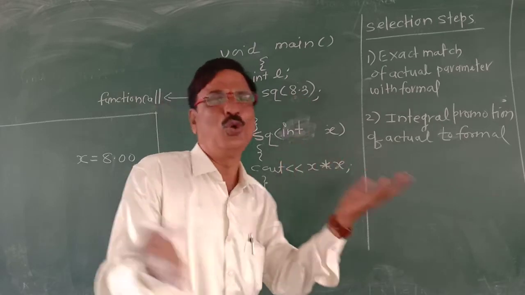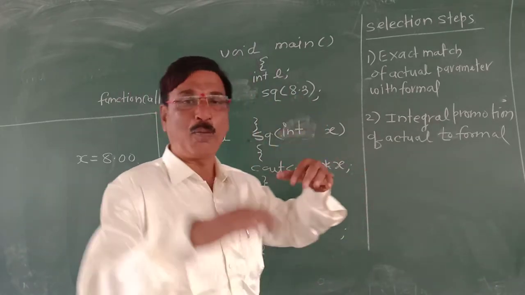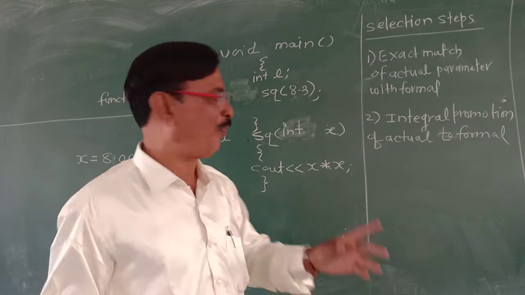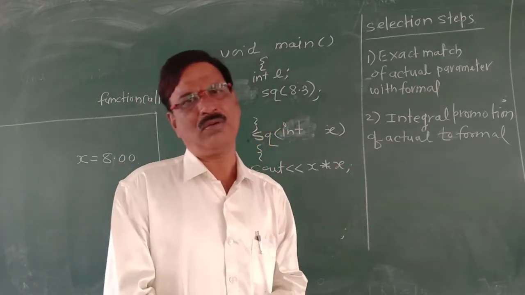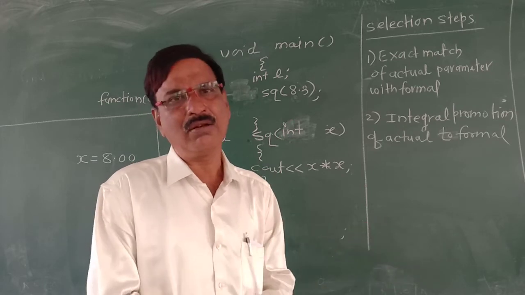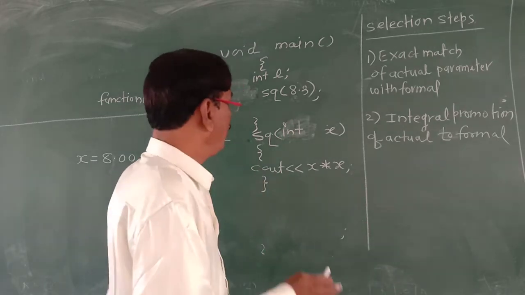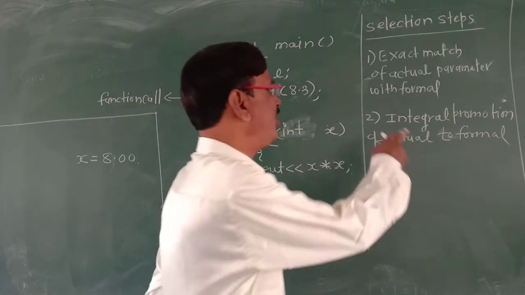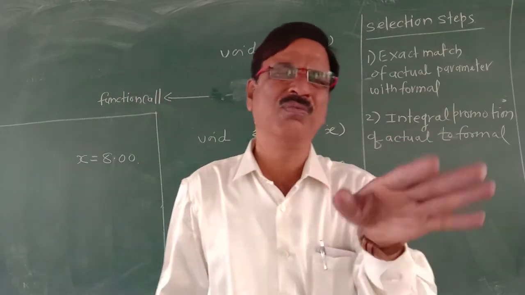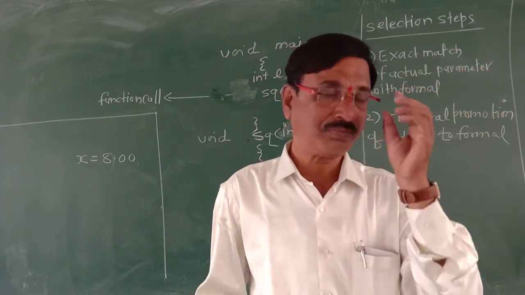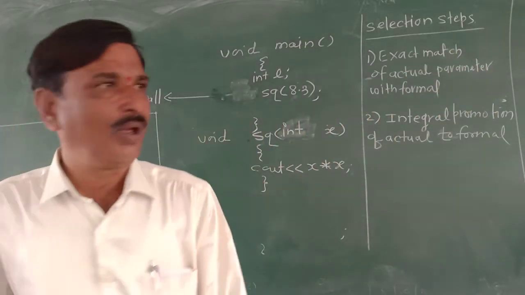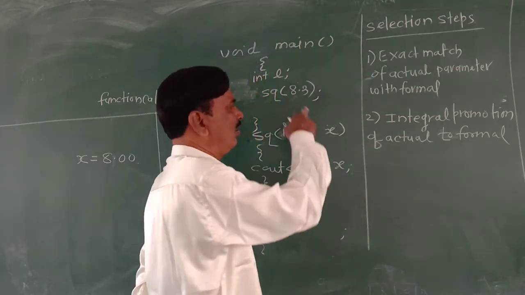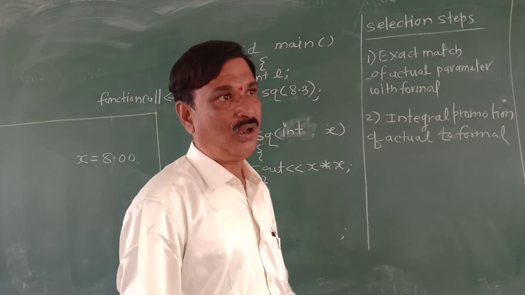Promoting it also does not match because it is already promoted. So in this step also, the question of promotion does not arise, because actual is a float and here is the integer.